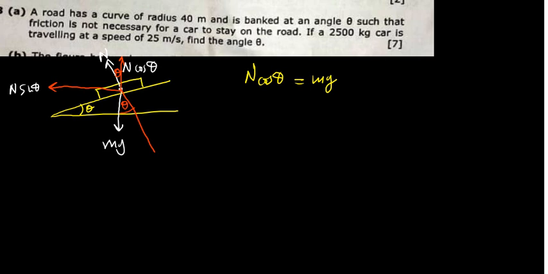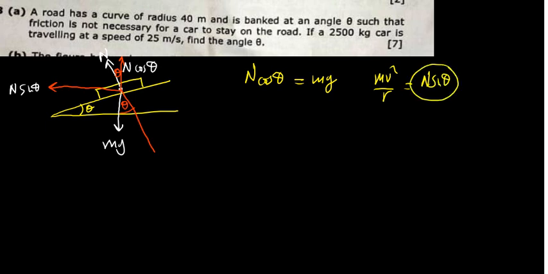And then let's consider now the x. This force directed in that direction should be equal to the centripetal force, because remember this car has to negotiate a curve. So the centripetal force, which is given by mv squared over r, should be equal to normal force sin theta.